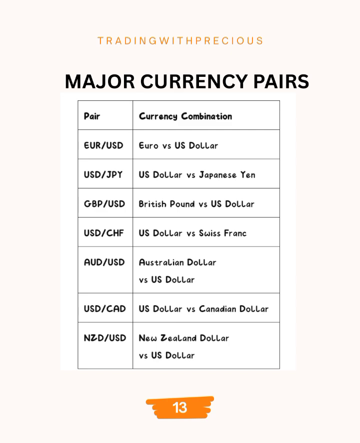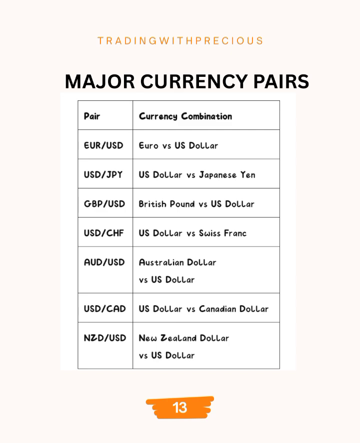USD JPY, USD versus Japanese yen; GBP USD, British pounds versus US dollar; USD CHF, US dollar versus the Swiss francs; AUD USD, Australian dollar versus the US dollar; USD CAD, US dollar versus Canadian dollar; NZD USD, that is the New Zealand dollar versus the US dollar.